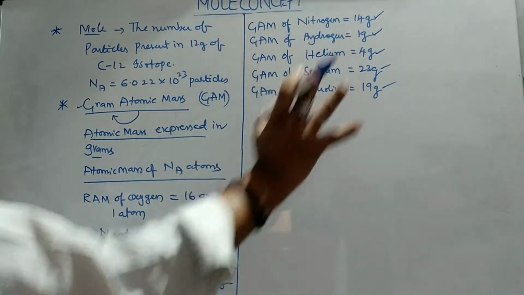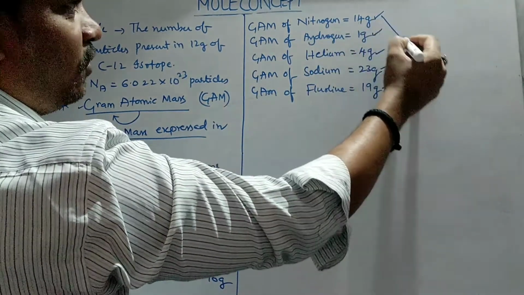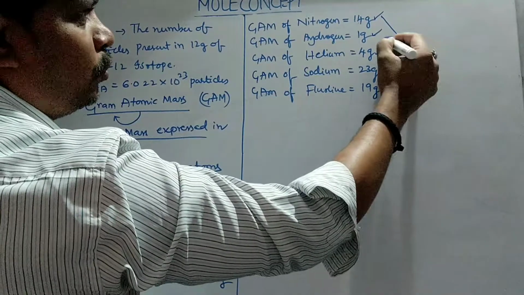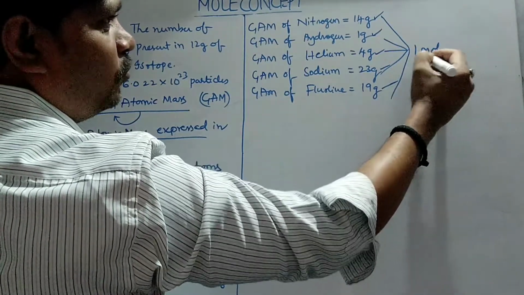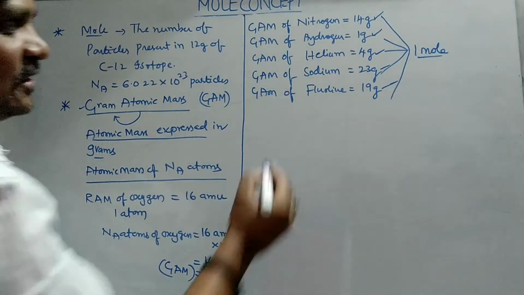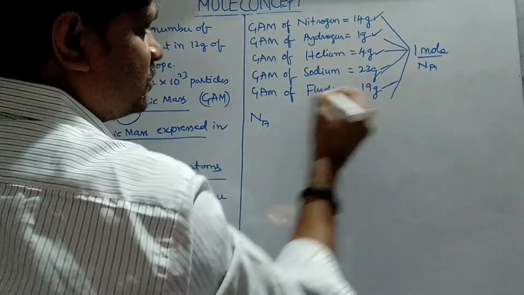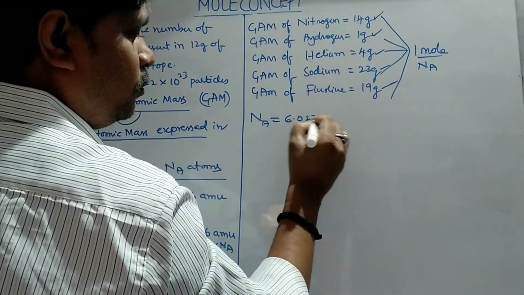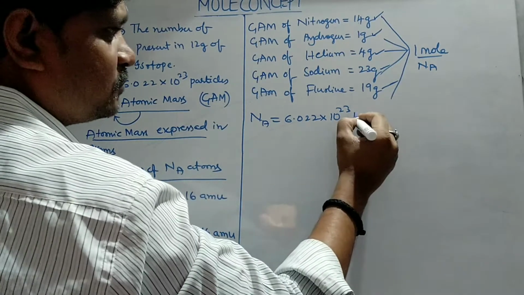All these contain 1 mole. That is nothing but the Avogadro number, 6.022 into 10 power 23 atoms.